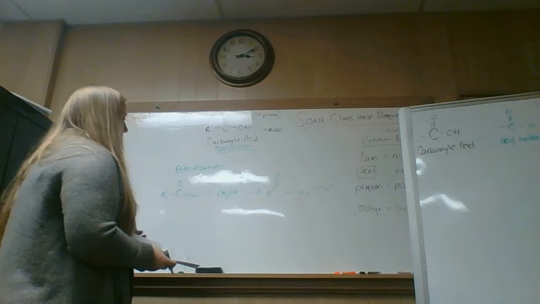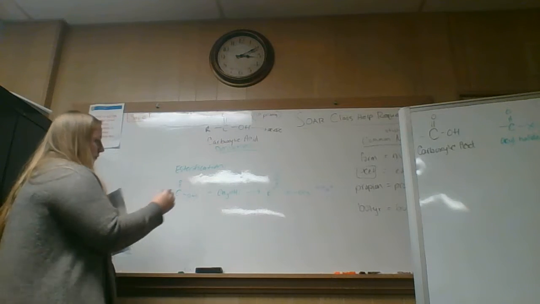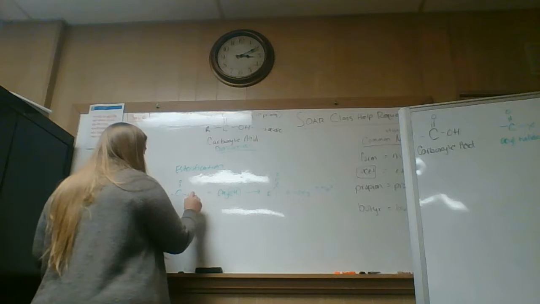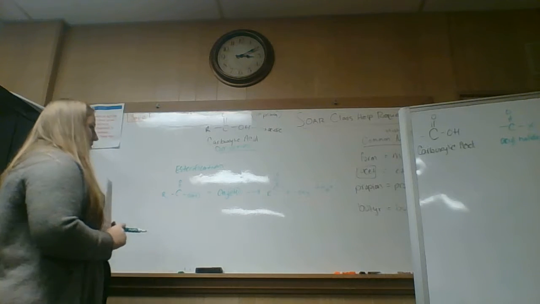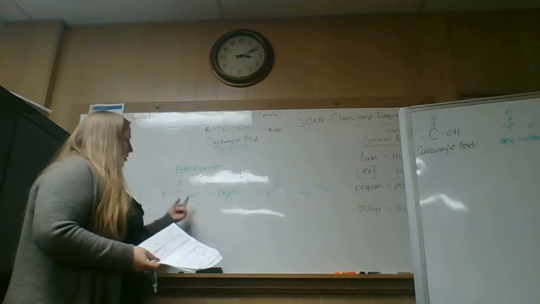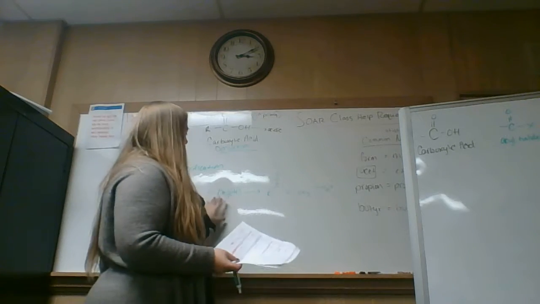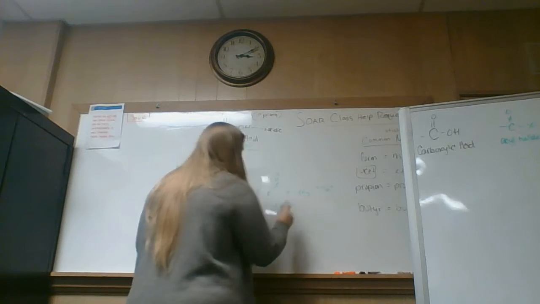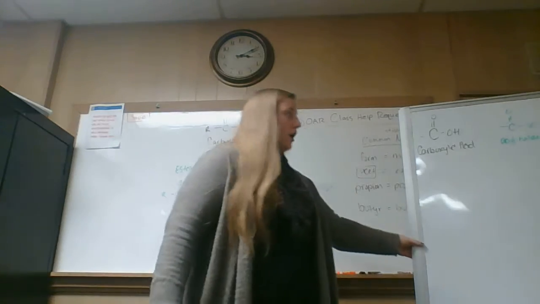So in esterification, we're going to remove the OH group from the alcohol. We're going to remove the H from the carboxylic acid. So again, we're removing water in this case. The oxygen is going to bond to the alkyl group from the alcohol, creating our ester. So I am going to put that one on here, even though we've talked about it before.